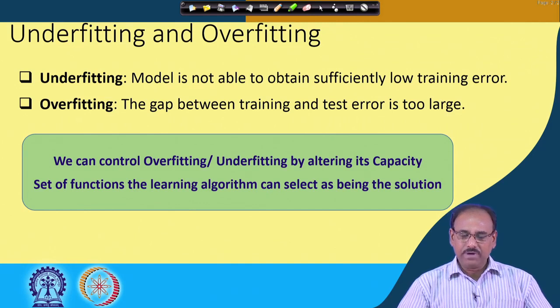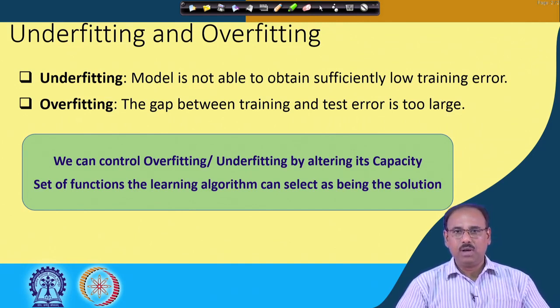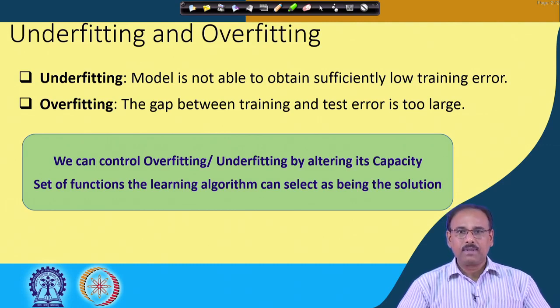And overfitting says that the gap between training and test error is too large. So, there may be cases where, while training, we have been able to design a machine or a model where the training error is minimum, but when the same machine is applied on the test data, the error is quite large. That means there is a gap between the training error and the test error.